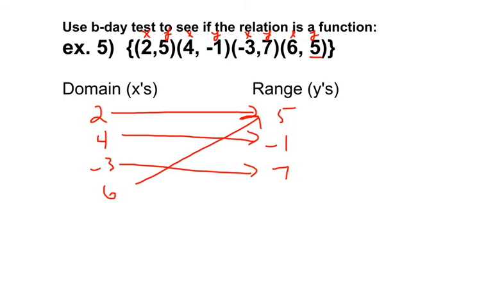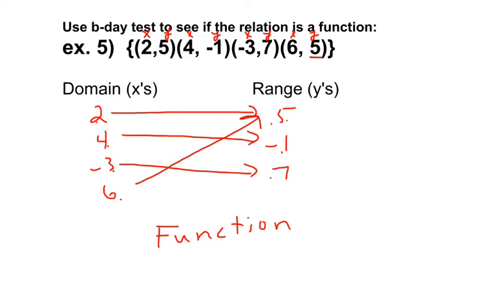It is a function because 2 has just one birthday, 4 has one birthday, -3 has one birthday, and 6 has one birthday. So everybody has one birthday. That makes this a function. It's okay if 2 and 6 both have the same birthday. You and another person can have the same birthday, and that's okay in a function.